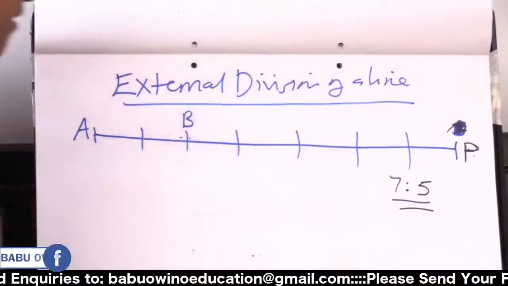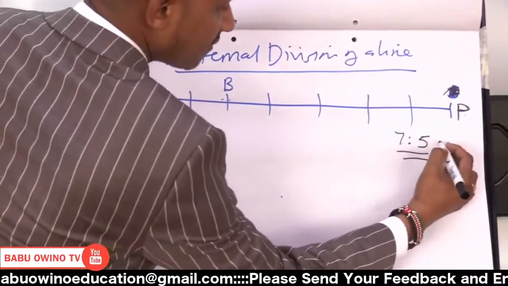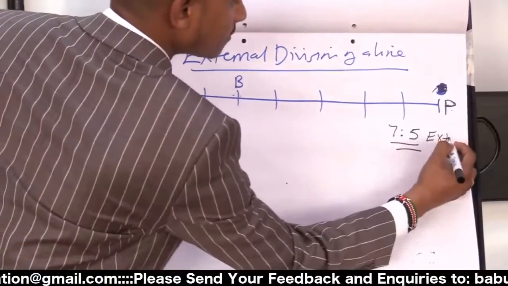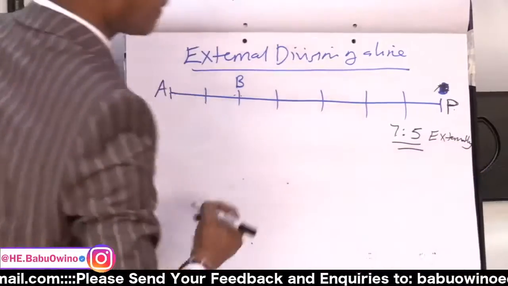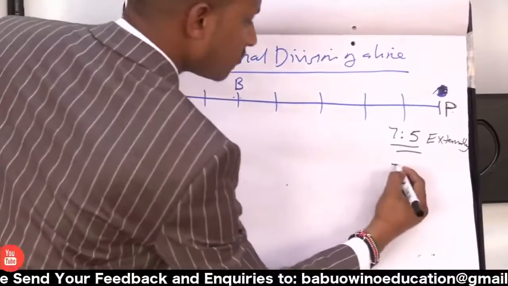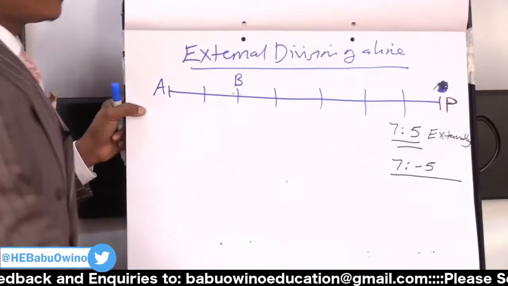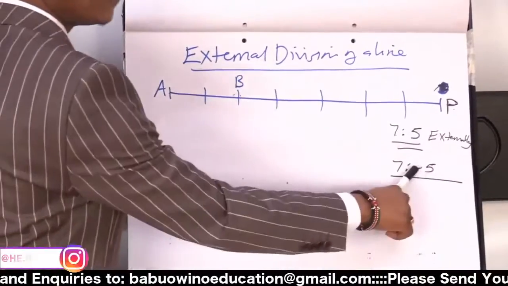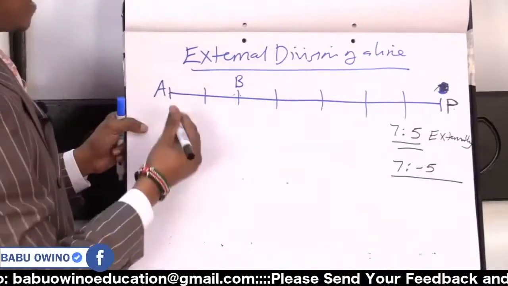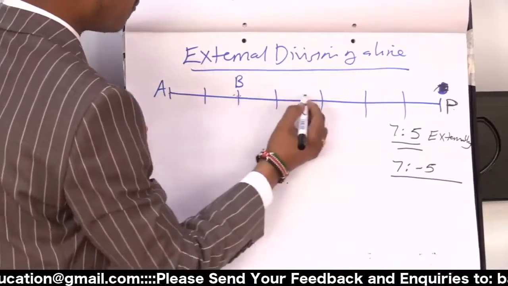This can also be expressed when you use 7:5, which means that P divides line AB externally. We can also say that P divides line AB in the ratio of 7:5. Remember, I've not used the word externally because I've put negative here. We say that P divides line AB in the ratio of 7 to minus 5.